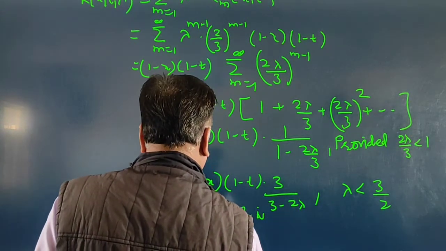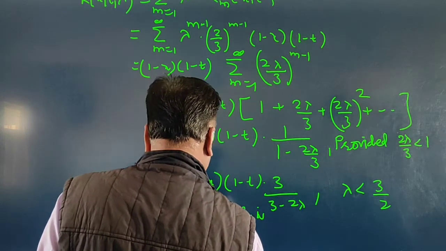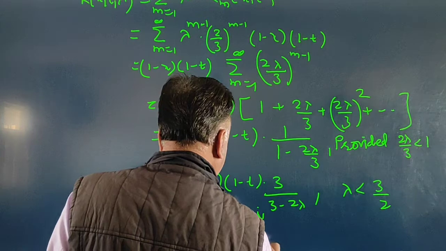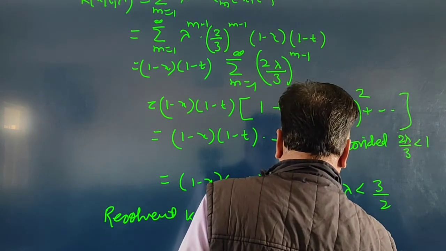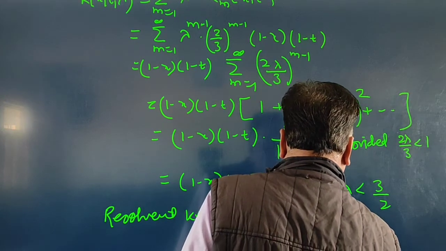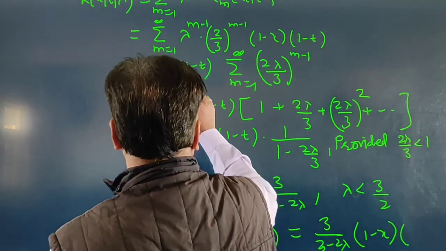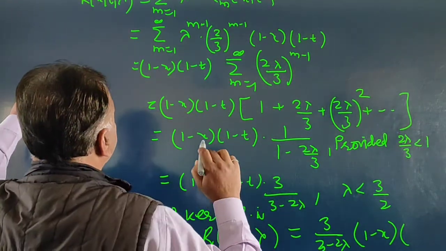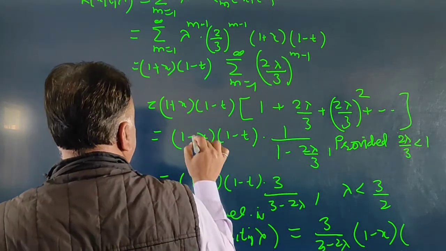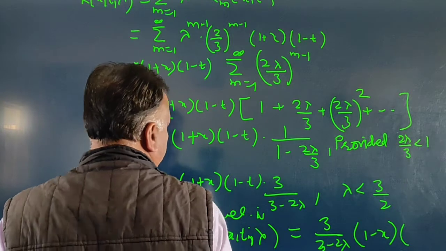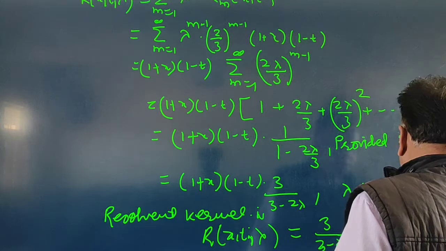So the resolvent kernel R(x,t;lambda) is equal to 3 upon (3 minus 2 lambda) into (1 plus x), rather, this is not 1 minus x, this is 1 plus x, into (1 minus t).